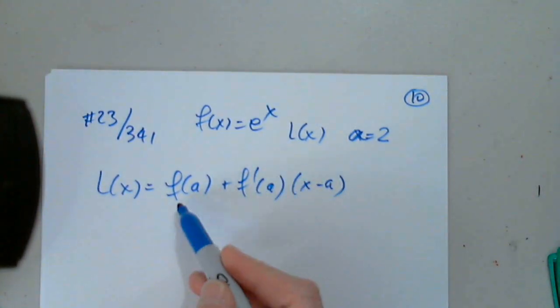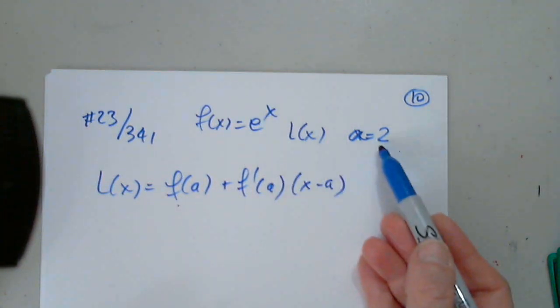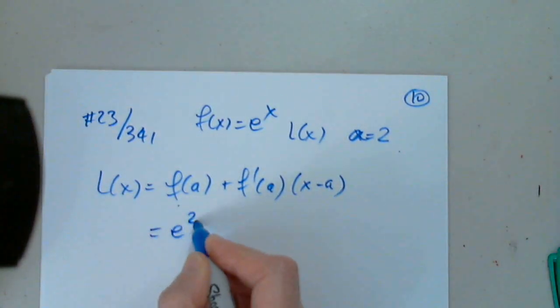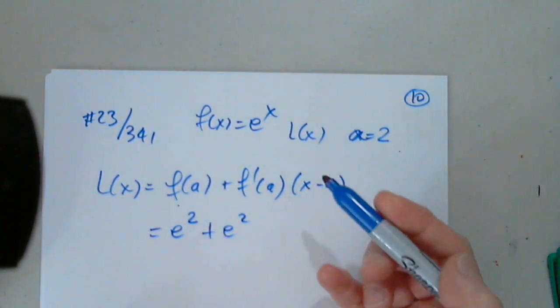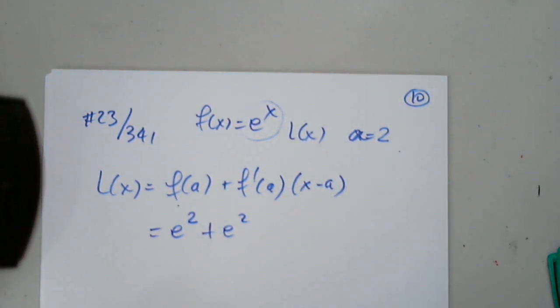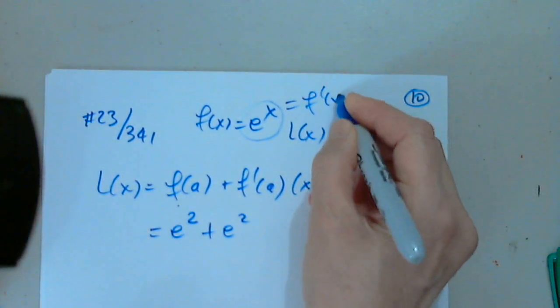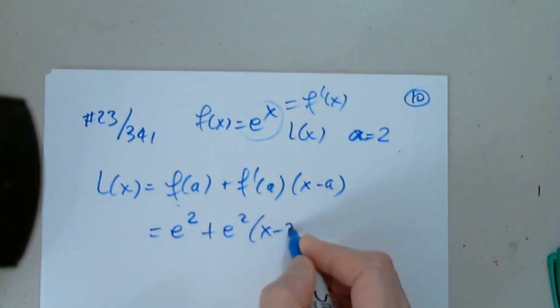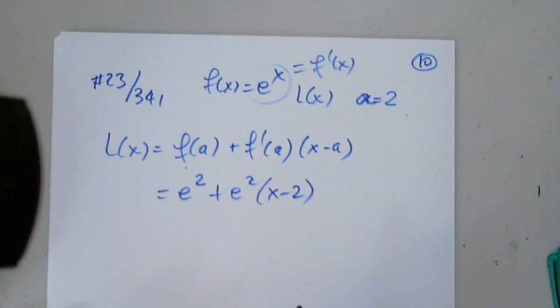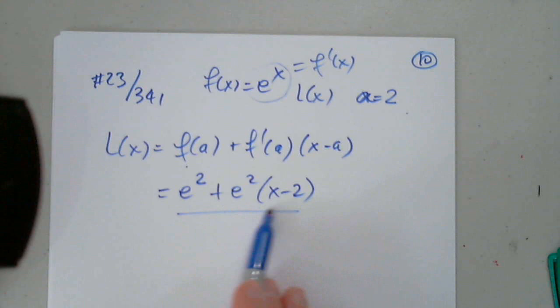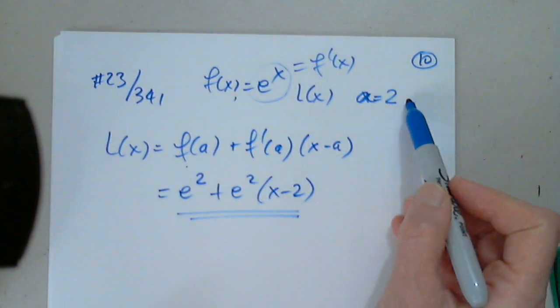So f of a would be e squared. F prime of a will also be e squared because it happens that this is the same as the derivative. And then x minus 2. And this is it. There is nothing else. This is the line that approximates this function near 2.